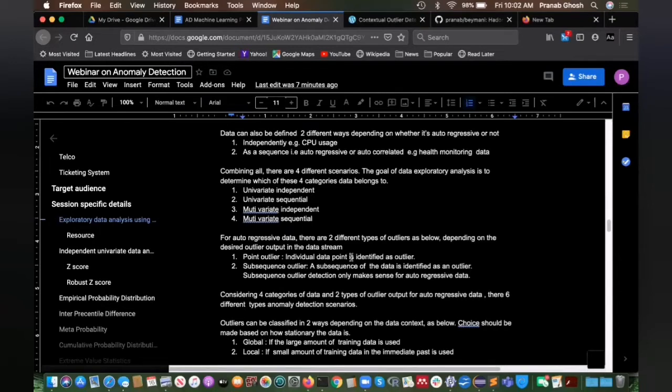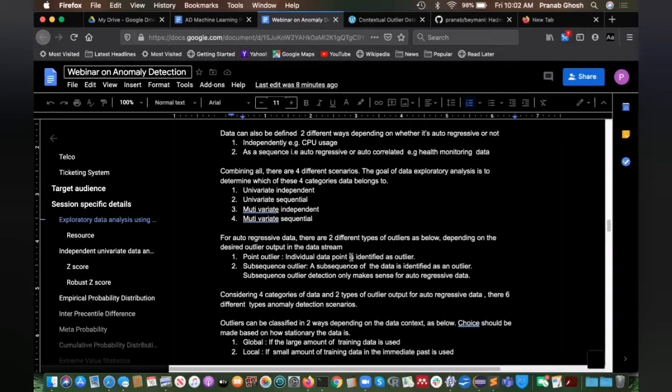Now for independent data, it may so happen that a bunch of points which are successive are detected to be anomalous, but that's not what I'm talking about when I say subsequence outlier. That's just pure accident. Subsequence outlier is something that's your goal. So you take a sequence length. Typically, in most of the algorithms, you take a subsequence length, which could be 3, 4, 5, whatever, depending on your use case.